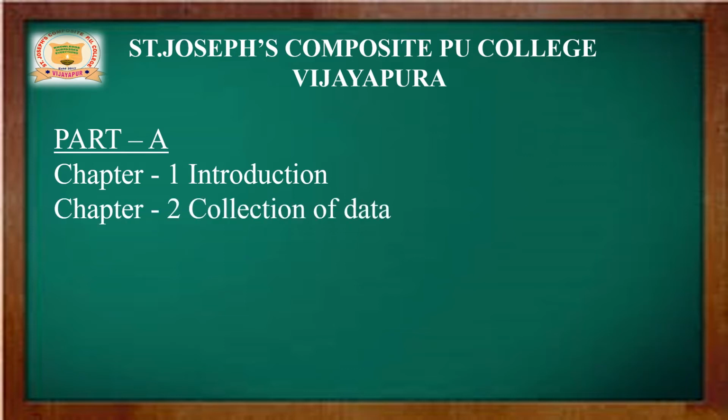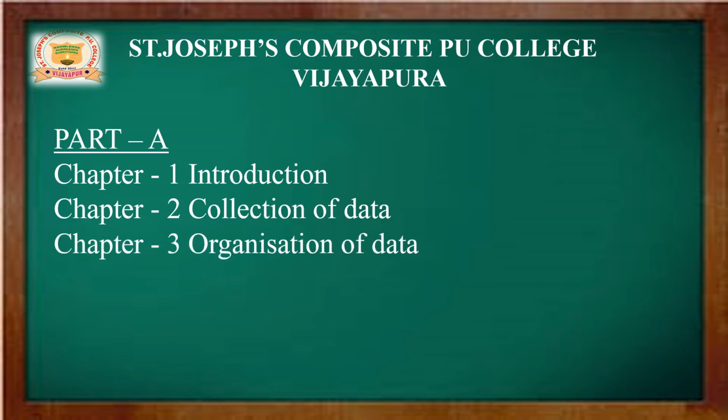And chapter number 2 is Collection of Data. Here data is nothing but information. So how we collect the information, how we collect the data, and how we can arrange it properly, that concept we will learn in the second chapter.